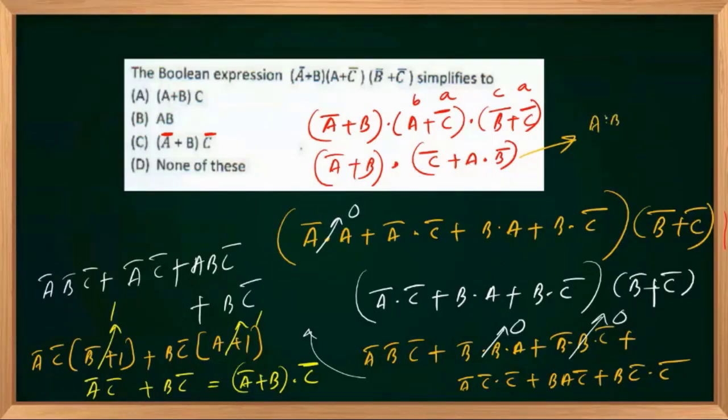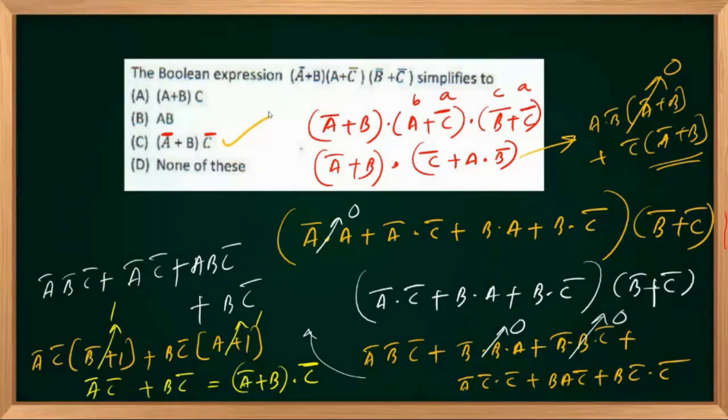A dot B bar into A bar plus B. The second term is C bar into A bar plus C. A bar plus B, this term will be always 0. So we get A bar plus B dot C bar, and that is my third option.